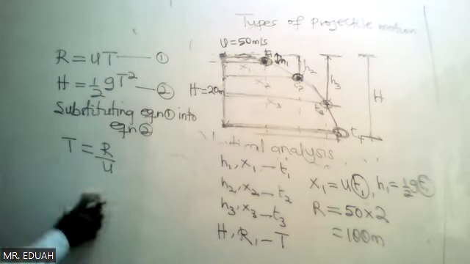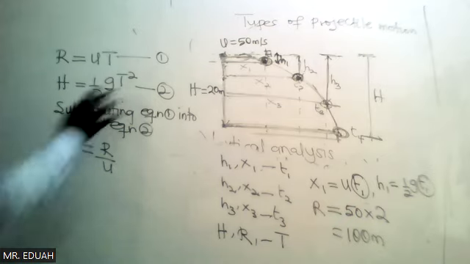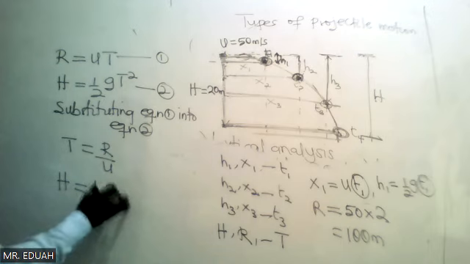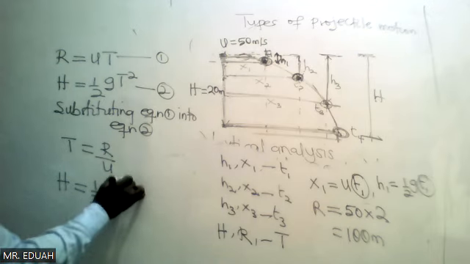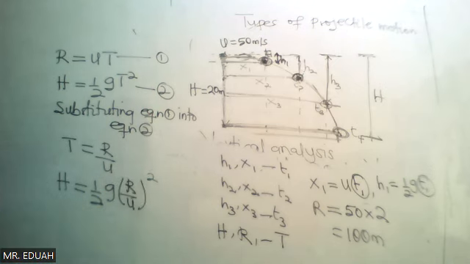So let's substitute this into equation 2. You have H is equal to half J times R over U, squared.